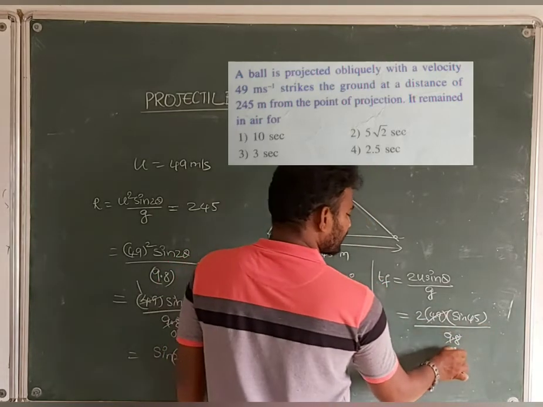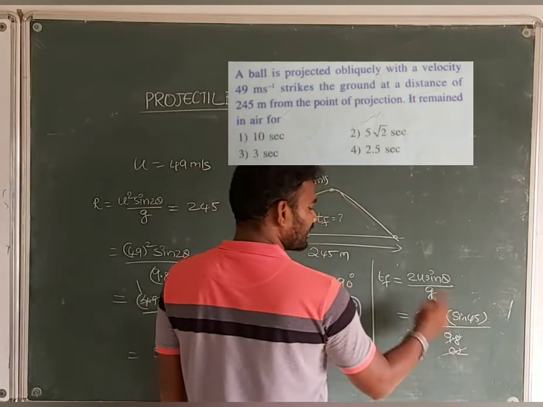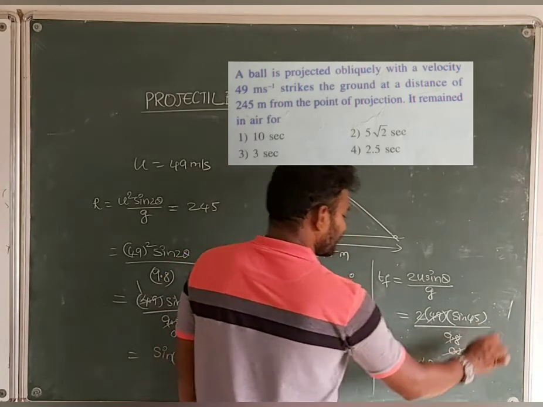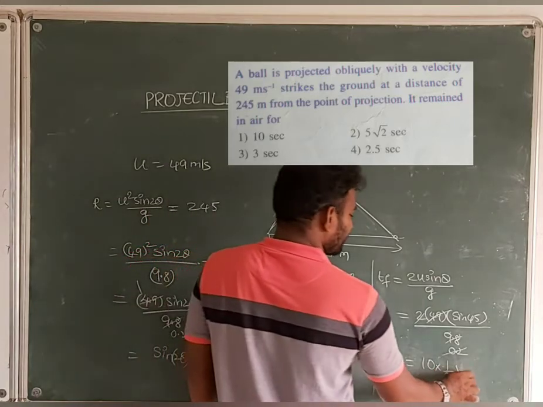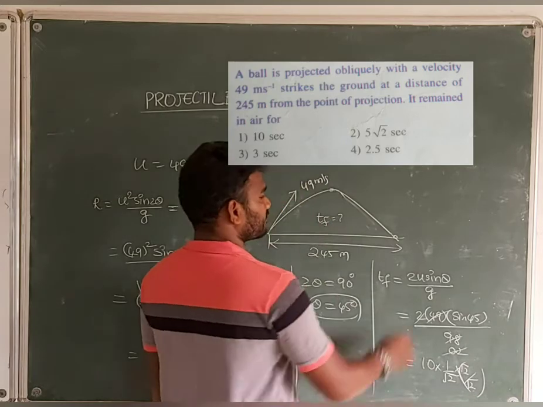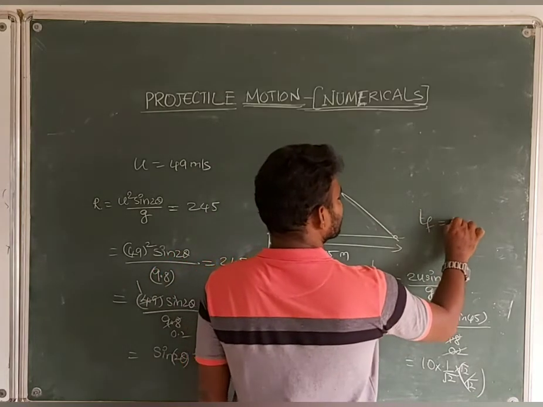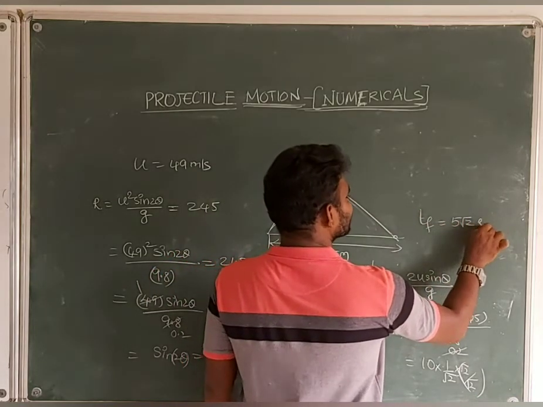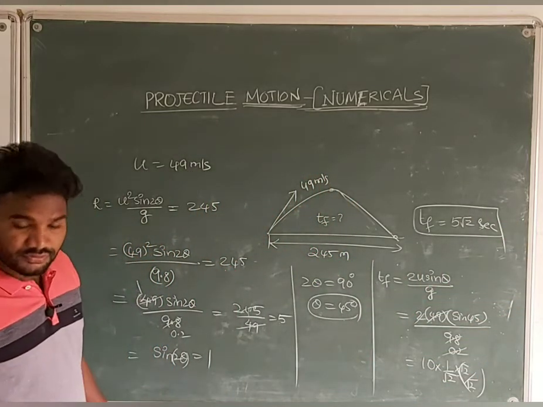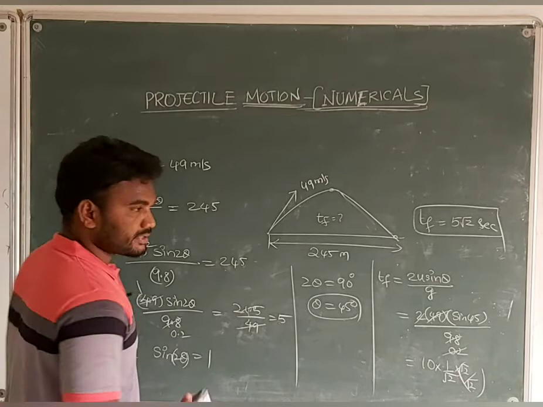So 49 1s are 49, 0.2s are. This cancels, 10 will come opposite. So 10 into 1 by root 2 is the answer. Multiply with root 2, divide with root 2, rationalize this. So finally you will be getting time of flight is equal to 5 root 2 seconds is the answer, students. I hope you understand this. Shall we go for the next? Yes, make it fast.